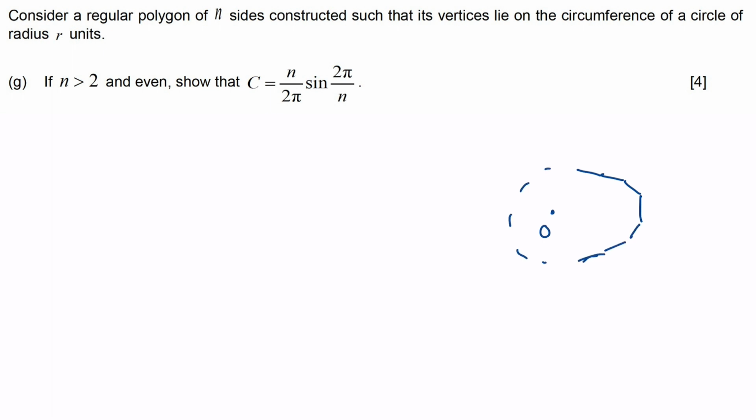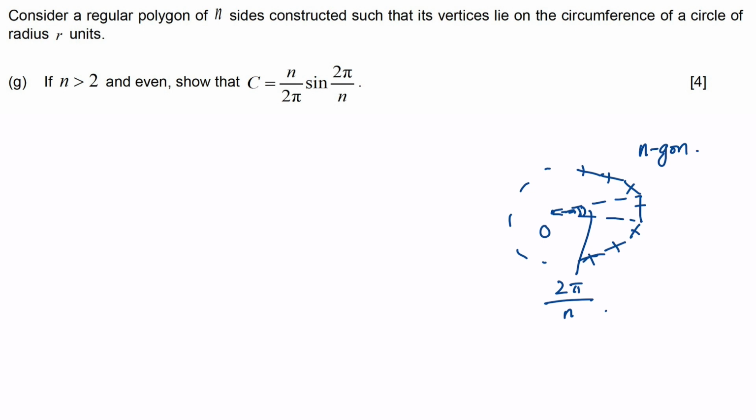So this is an n-gon, and all the sides have equal length. My drawing is not very good, but this is roughly how it's drawn. Now I do know that the angle at the center must be 2 pi over n.